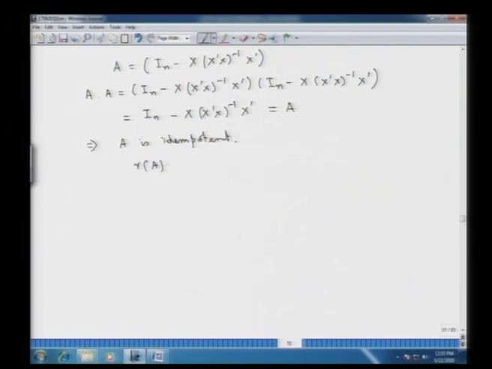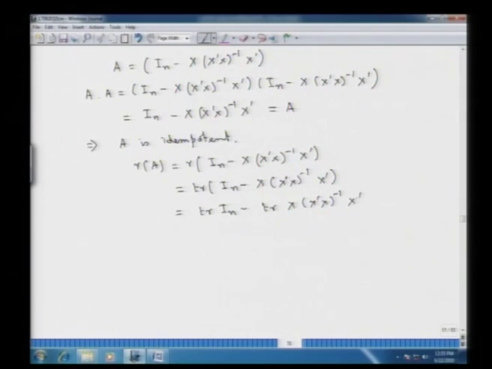Now, A is idempotent. So, the rank of A is the rank of I_n minus X (X transpose X) inverse X transpose. This rank is equal to trace, since it is an idempotent matrix. So, this is trace of A minus B, which is trace of A minus trace of B. We will have trace of I_n minus trace of X (X transpose X) inverse X transpose.